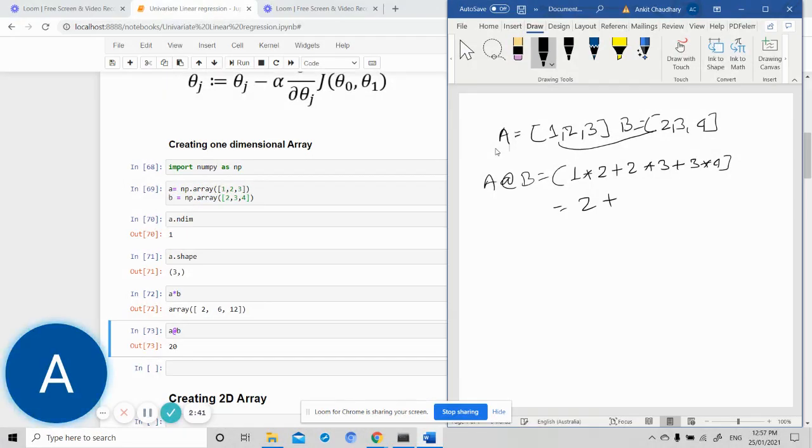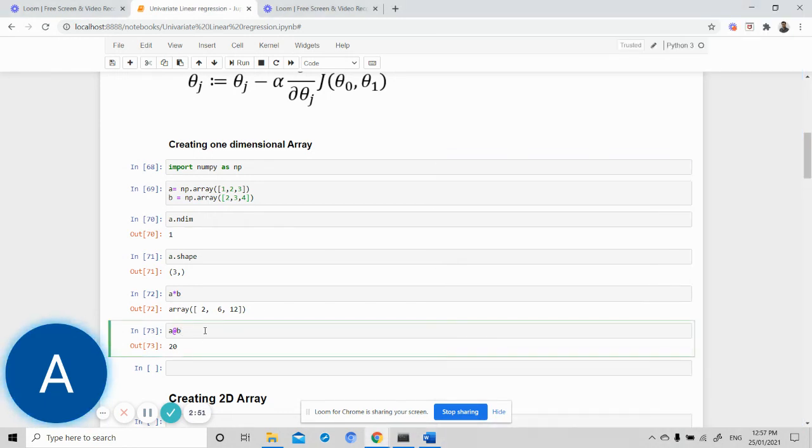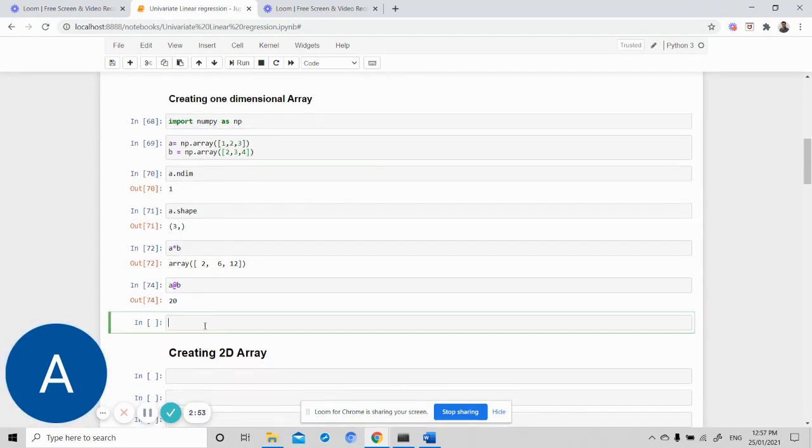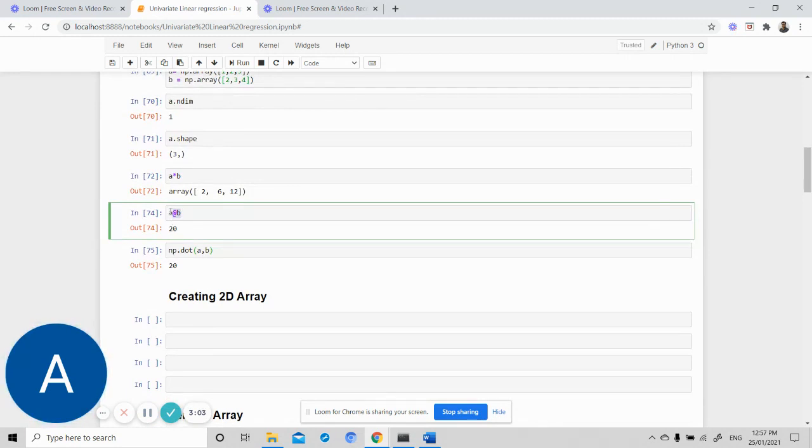This equals 2 plus 6 plus 12, which equals 20. So this is how we do matrix multiplication. A @ B means we are doing matrix multiplication. We can even denote it by np.dot(A, B). Both are the same.